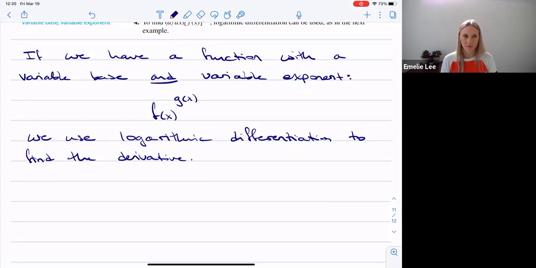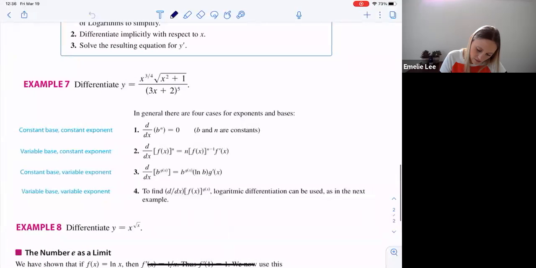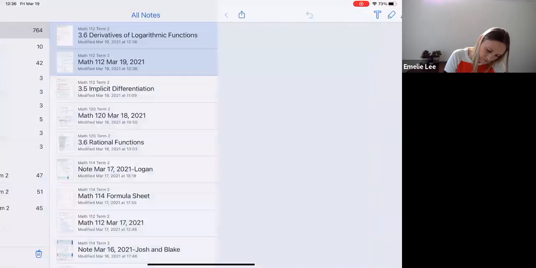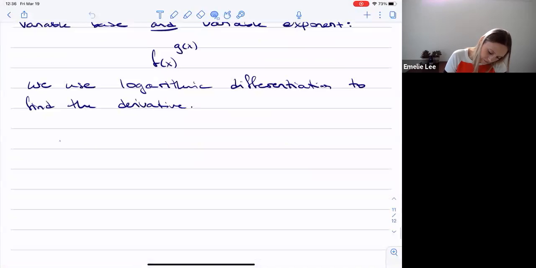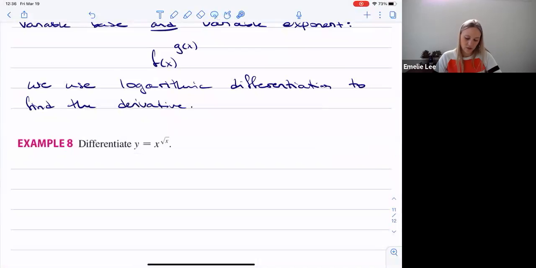For example, we've got example 8. If I want to differentiate x to the root of x, now I have f of x as the base, but also g of x as the exponent.